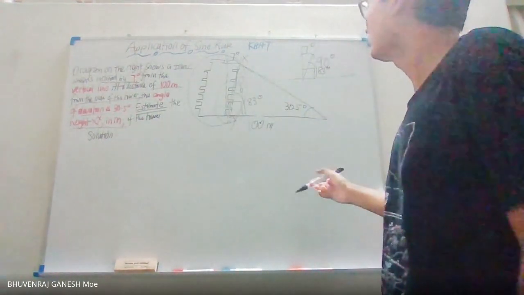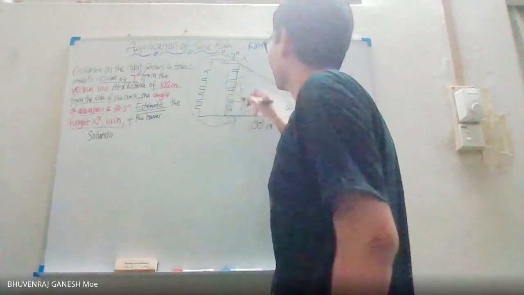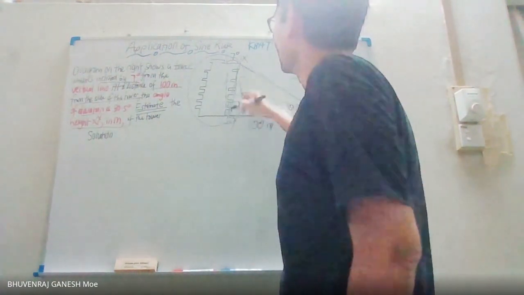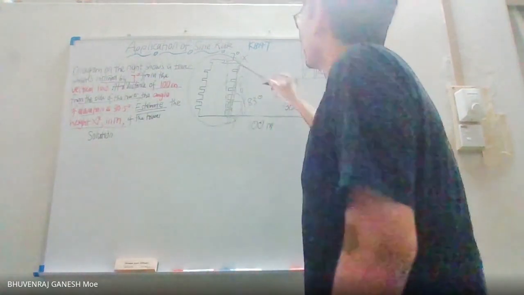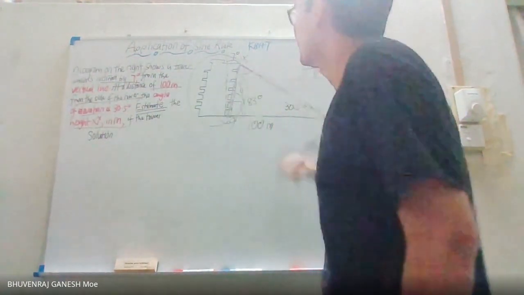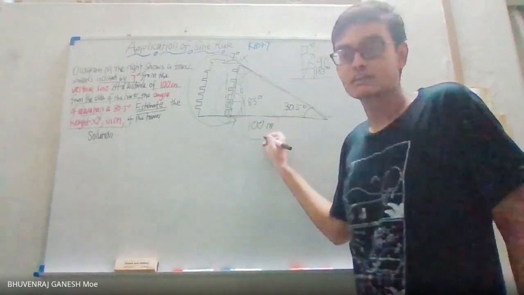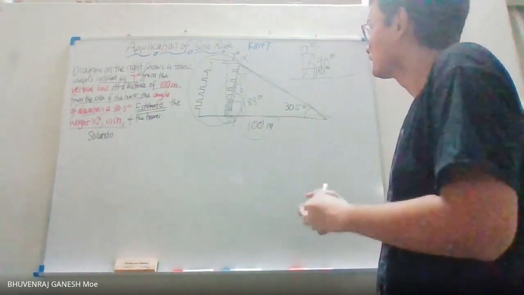What we are going to do now is, we already found this is 83. There is a triangle here also, this triangle over here. Now we want to find this angle here so that we can use the info given here, which is 100 meters.